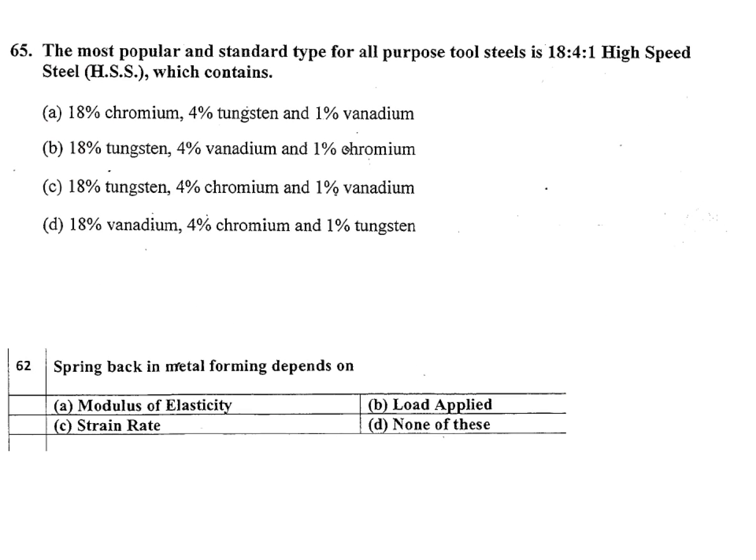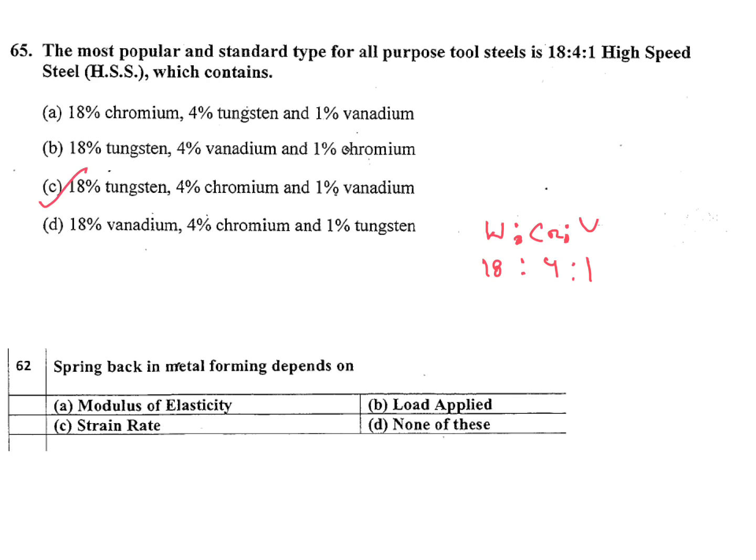The most popular and standard type for all purpose tool steels is 18-4-1 high speed steel, HSS, which contains tungsten, chromium and vanadium.